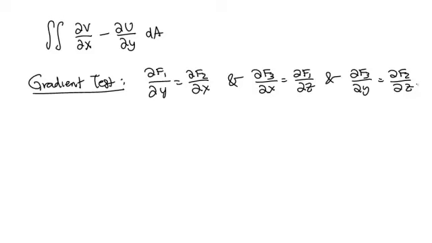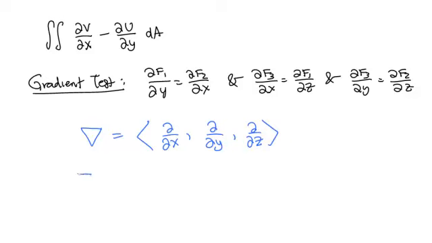Well, it turns out that there's a clever little trick to help us get the order of these expressions correct. The idea is that we're going to define a new symbol, nabla by itself. And nabla by itself is going to be a vector, but it's not going to be a vector of numbers. It's going to be a vector of partial derivative operators. So if we thought of this thing as a vector and we multiplied it against a scalar, well, how does vector scaling work?